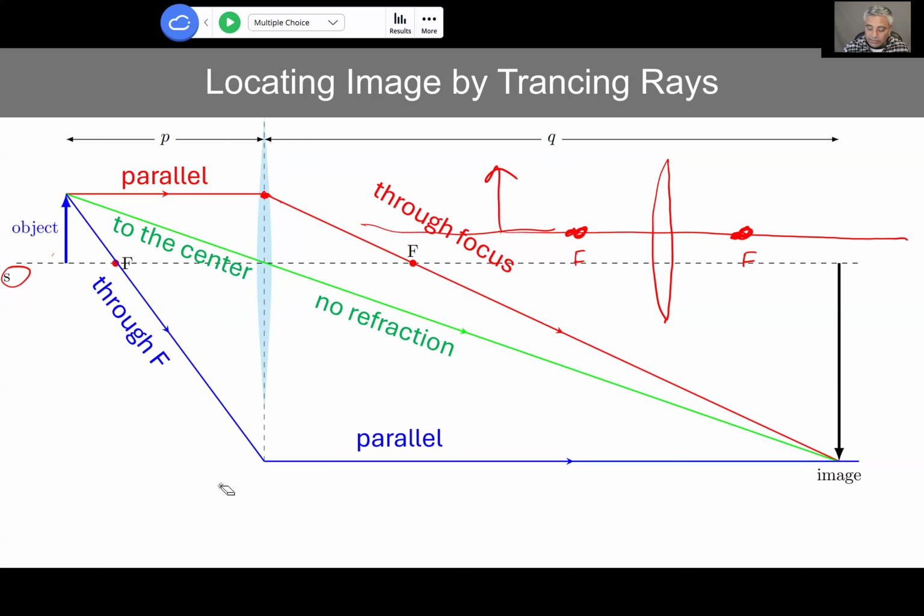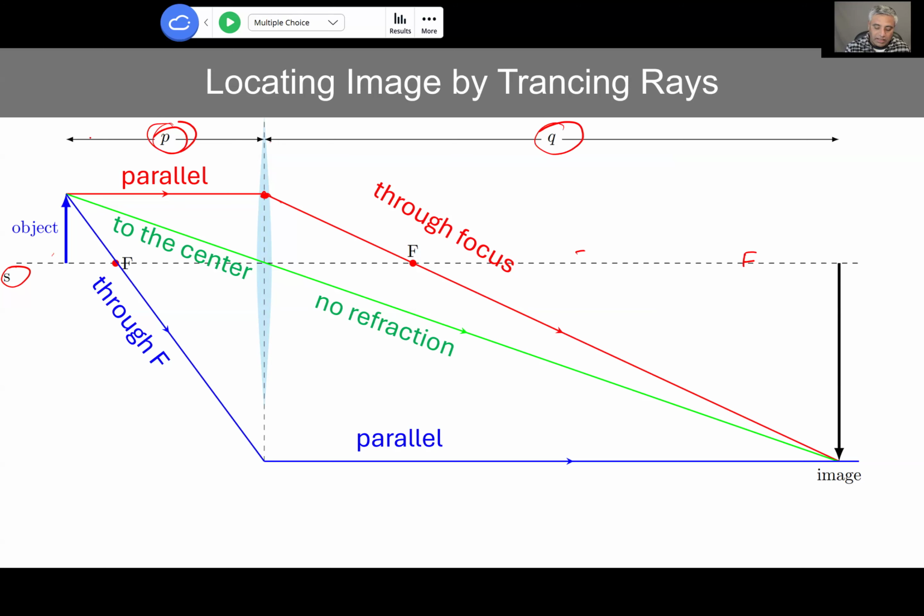And to see if what you drew makes sense, you can check it using the lens formula we used on the last slide. Here, this is the object distance.